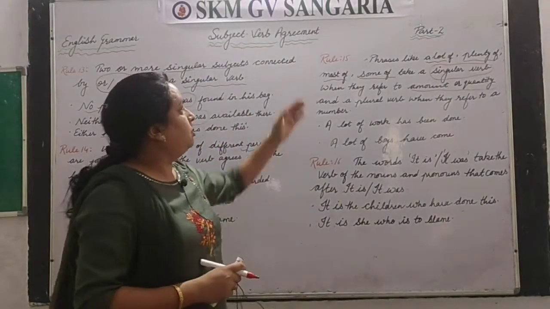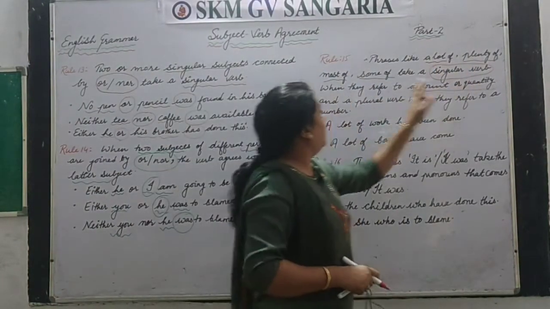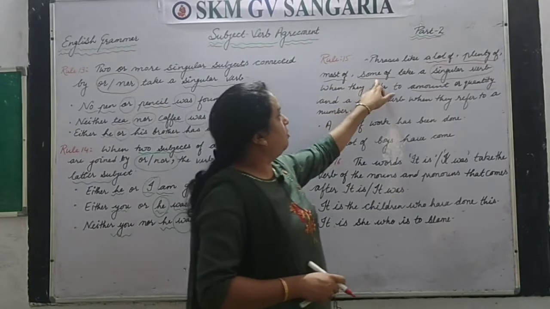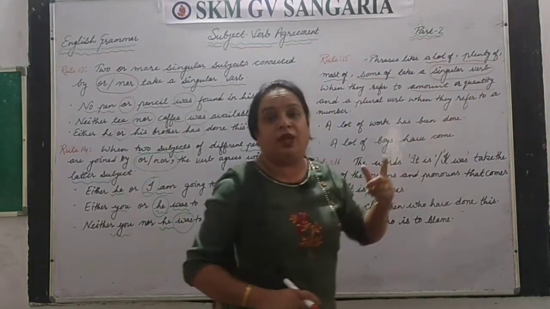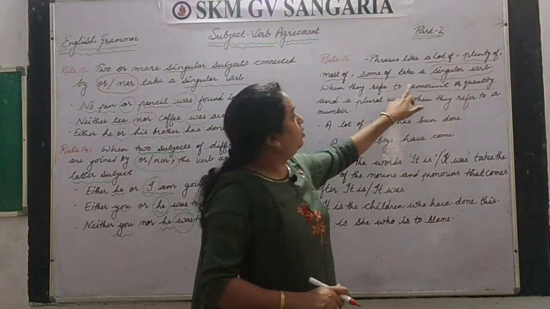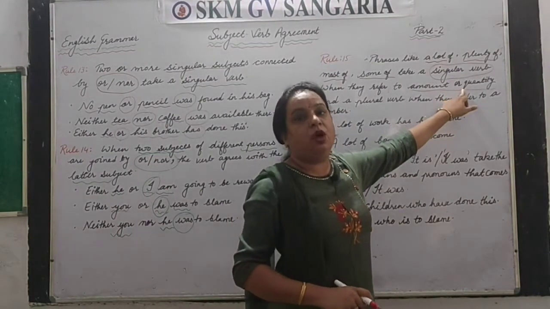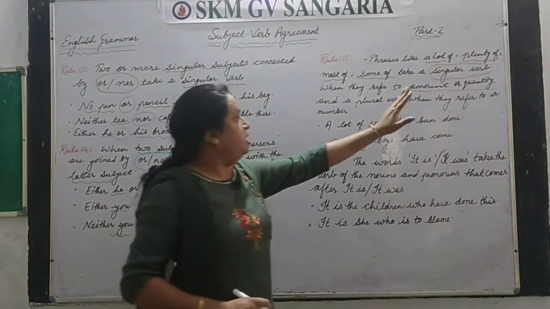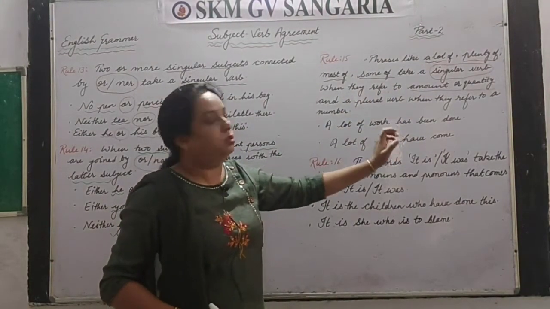So when we talk about rule number 15, that says phrases like a lot of, plenty of, most of, some of take a singular verb, but when, take care of this, when they refer to amount or quantity. When they refer to amount or quantity means if they are treated as uncountable nouns.